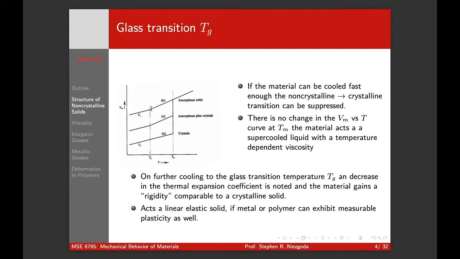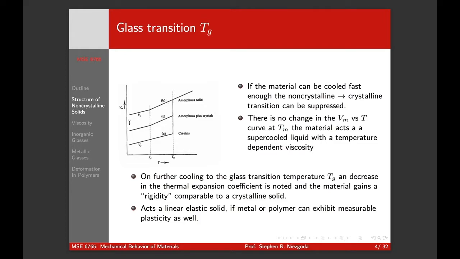So on further cooling, we approach the glass transition temperature, and the material begins to gain rigidity. There's also a change in the thermal expansion coefficient at the glass transition temperature.